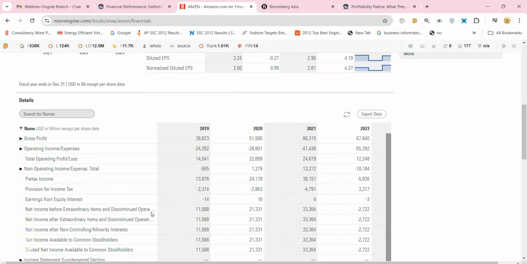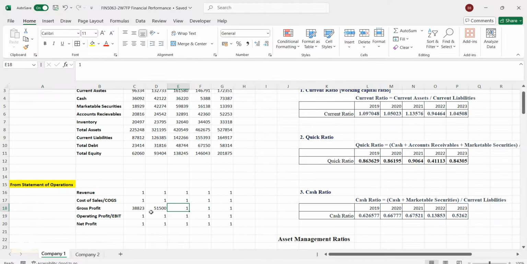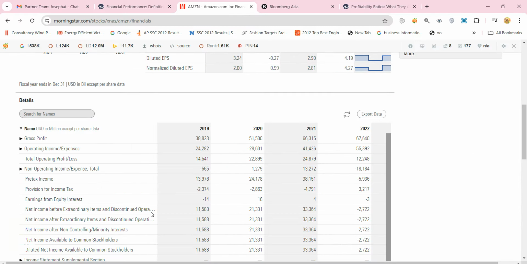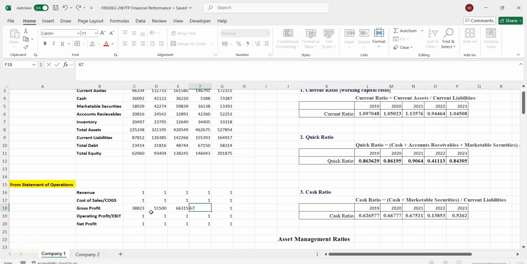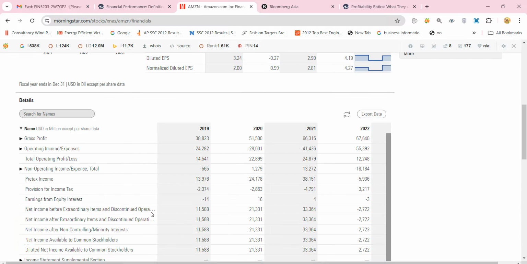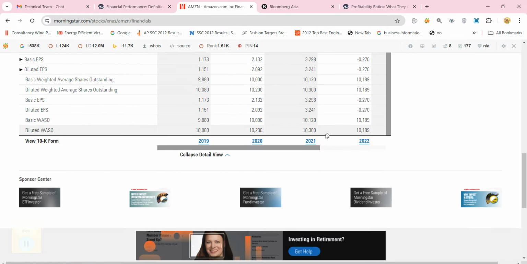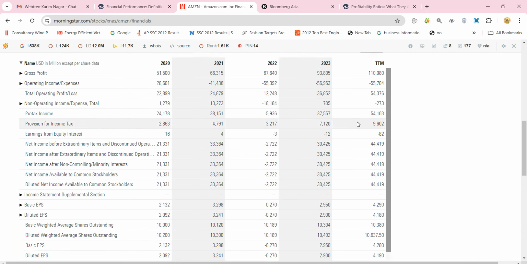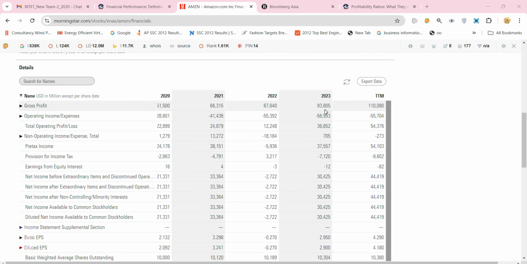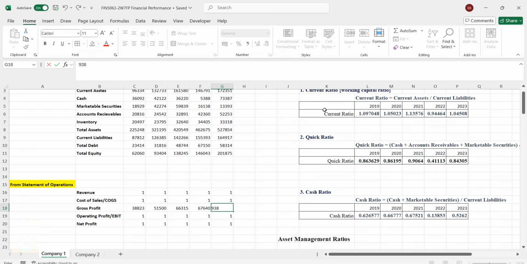All these values are in millions actually, so I'm just adding them. Next, 66,315, 67,640, and the final value is 93,805. This is gross profit.